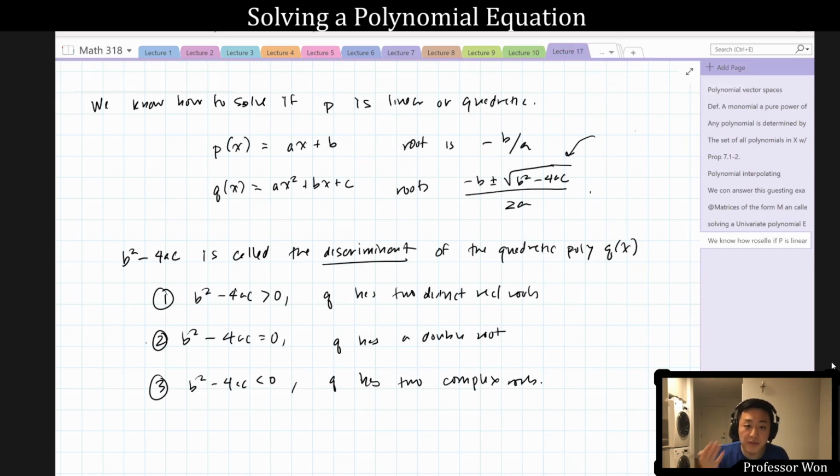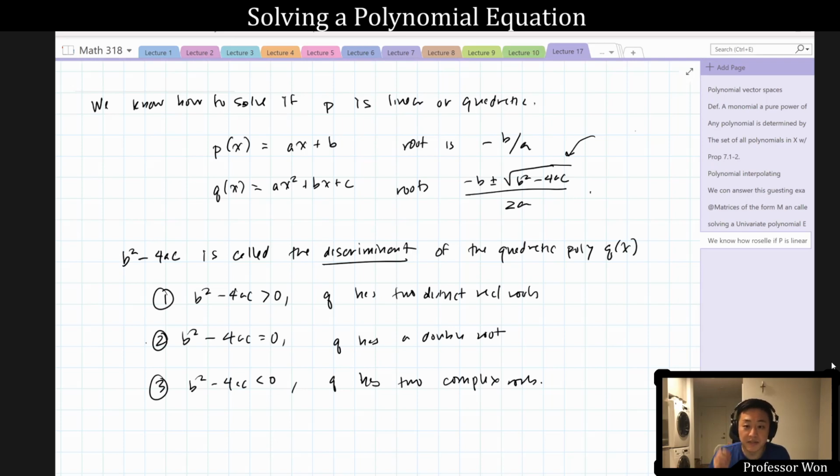We have a univariate polynomial p in R adjoin x, so it's in one variable x. There are some cases where we know that it's possible to just find the roots of p mechanically. If it's linear, you can just solve for the roots. If it's quadratic, you can use the quadratic formula to find all of the roots of p. It turns out there are formulas for cubics and for quartics.